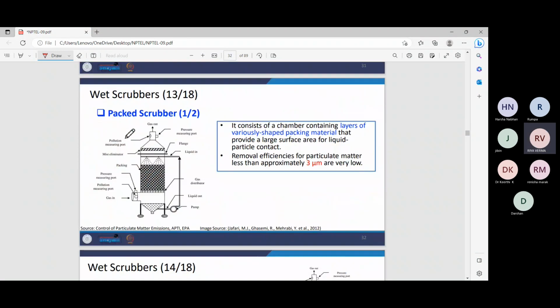Now, these are other forms of scrubbers. This is your packed scrubbers. Basically, it consists of a chamber that has layers of different types of packing material. In one way or the other, it's the same as the sand filters that we use for water filtration.